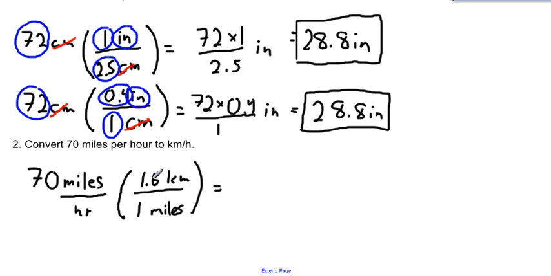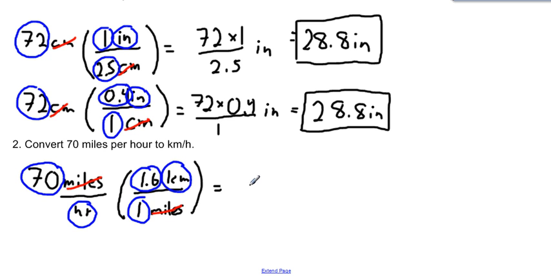So now when we cancel out our units, the miles will cancel. Now we'll be left with 70 times 1.6 divided by 1. But my units now, we actually have kilometers in the numerator and hours in the denominator. So our unit will now be kilometers per hour.